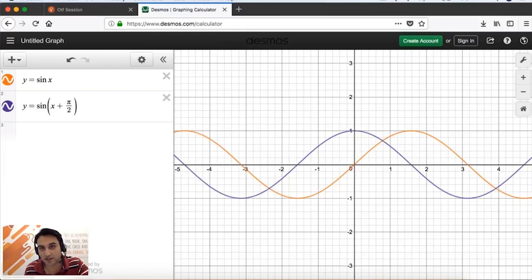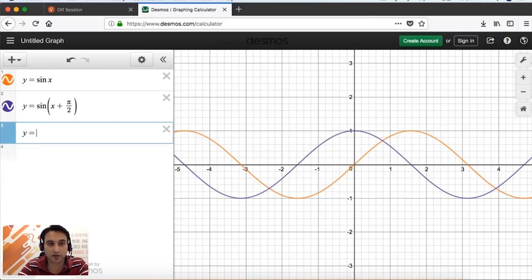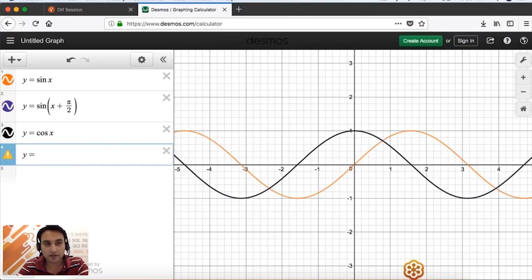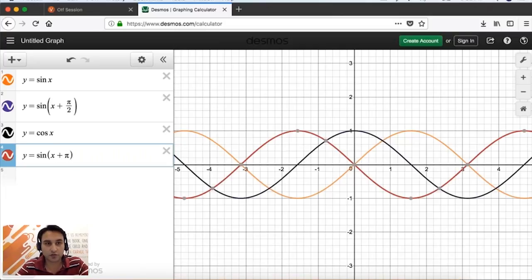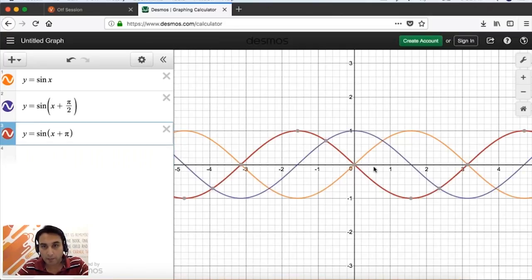And can you see this graph is exactly like cos x? All of you know, sin of x plus pi by 2 is nothing but y is equal to cos x. Similarly, if I were to plot sin of x plus pi, then the graph will move pi towards left.